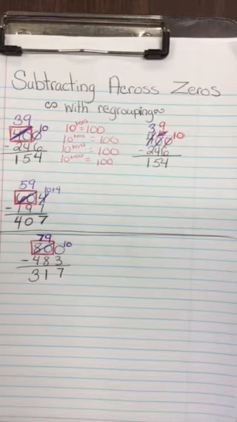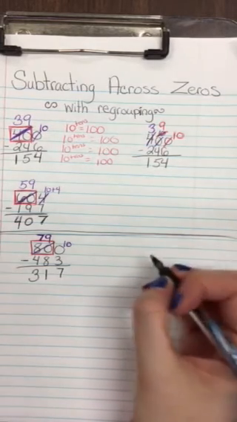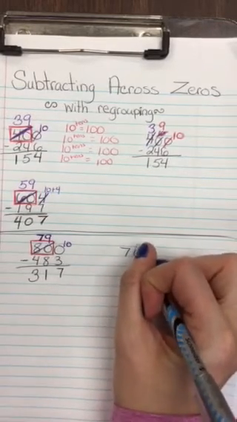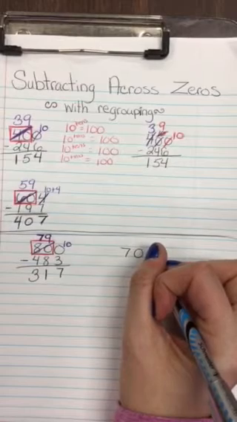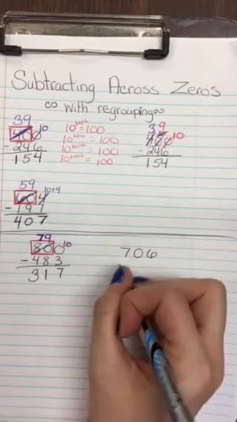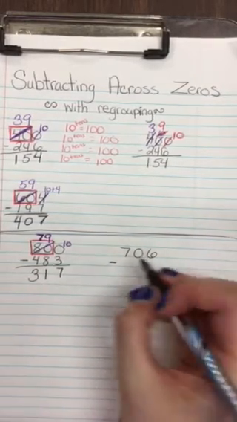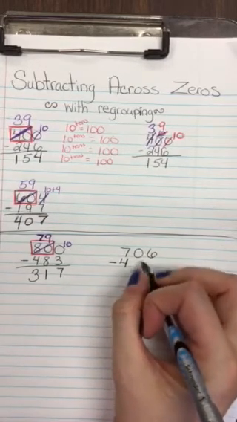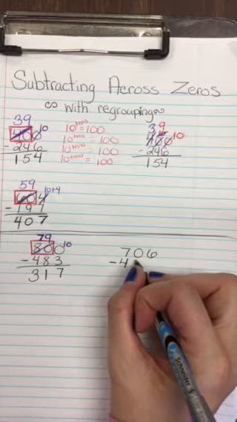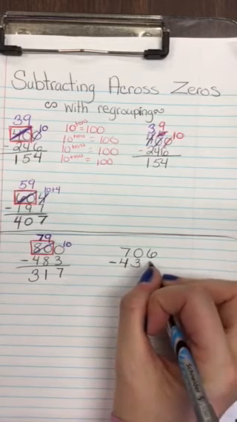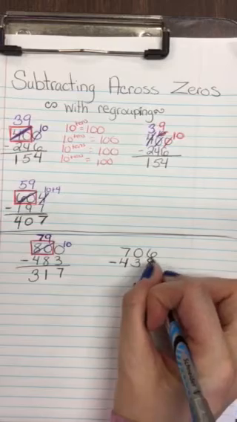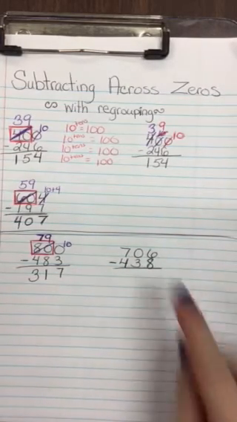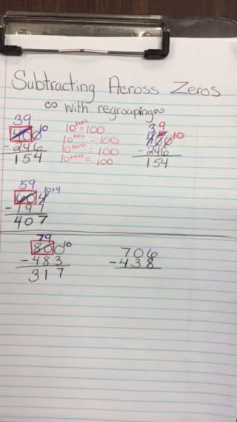Okay, let's do another one with a 0 in the middle. All right, let's see. How about 706 minus 438. Okay, so I have 6. I cannot take away 8.